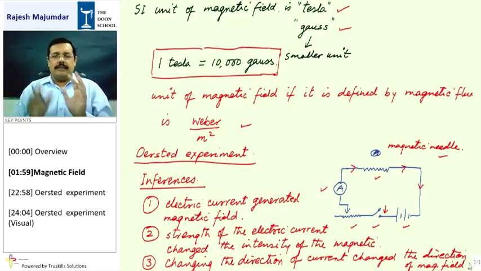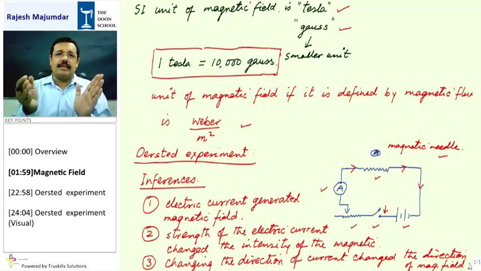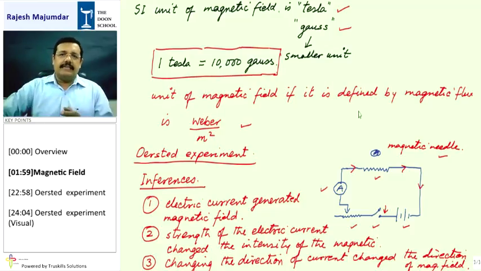So if the polarity of the battery is reversed, the negative is now at the place of the positive, and the flow of the current is changed, then the magnetic needle got deflected in the opposite direction. So it indicated that the direction of the magnetic field has changed.